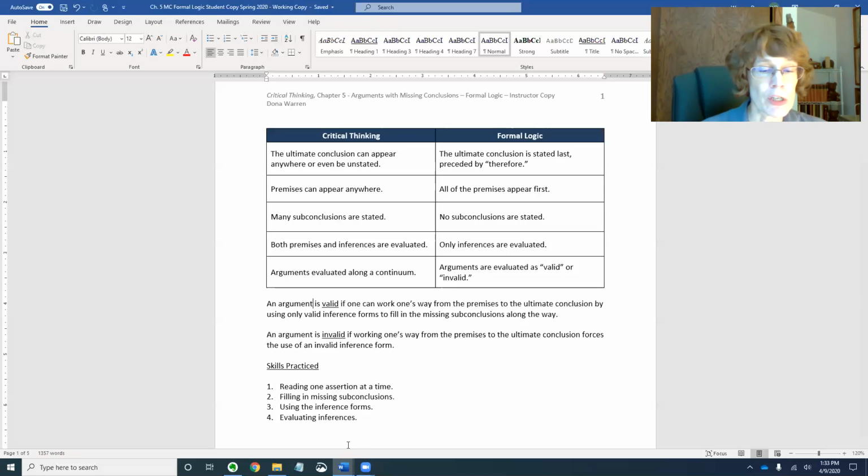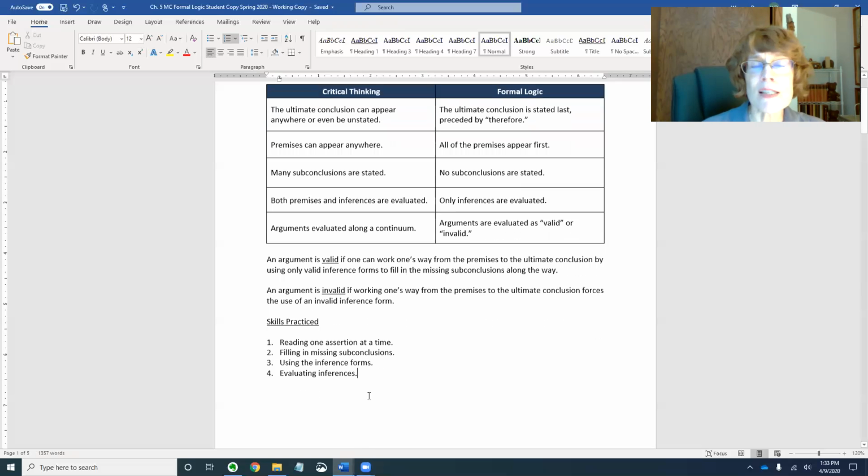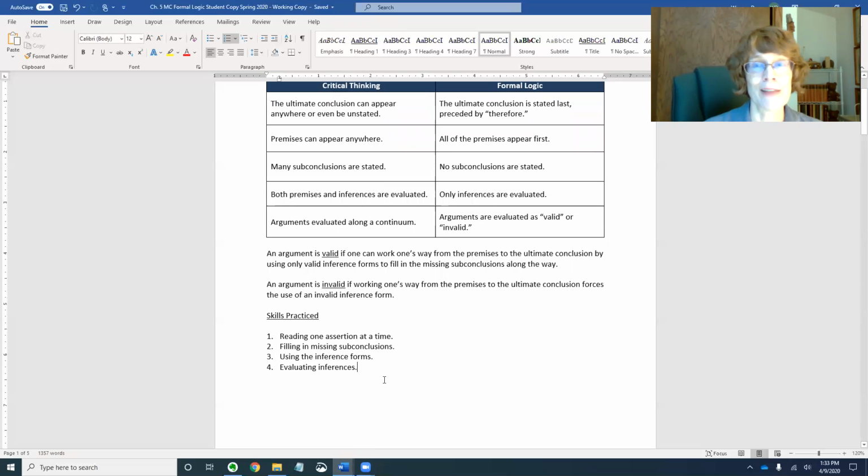So that's what we will be doing. The skills that we will be practicing, sort of like the weight lifting, this is what we're doing in the artificial environment so that we can easily do it in real life. Skills that we are practicing are reading one assertion at a time. You don't want to just go on and read the entire thing. We want to deal with one assertion at a time.